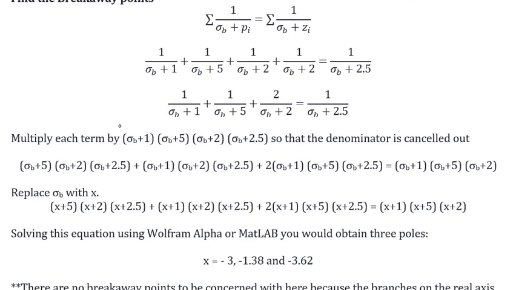Then the breakaway points. Same formula as before. It's more complicated because it's got 4 poles. It's still 1 zero like the last problem, but it's got 4 poles, and 2 are identical because those are the 2 imaginary. And again, for these calculations, we don't use the imaginary part.